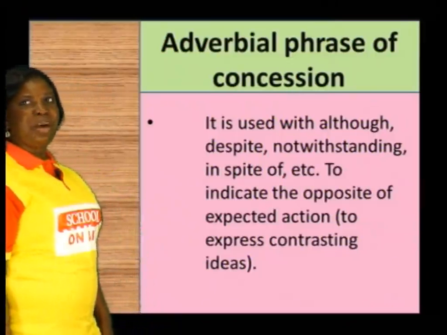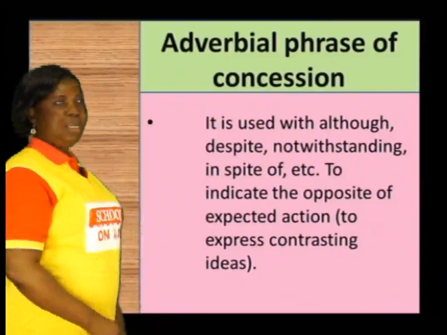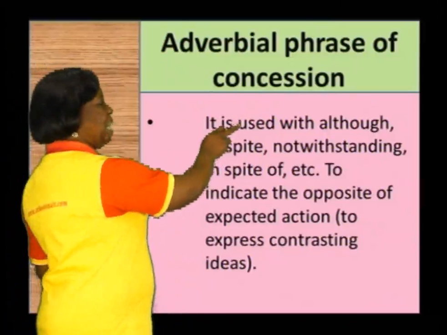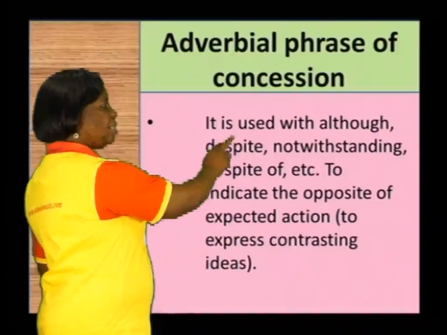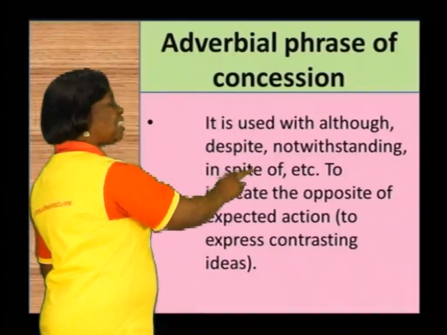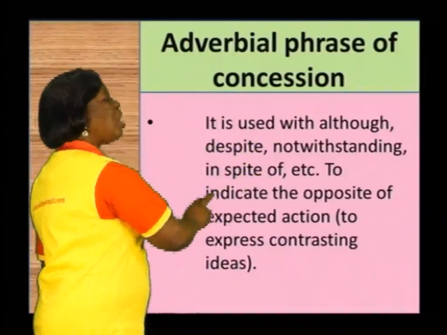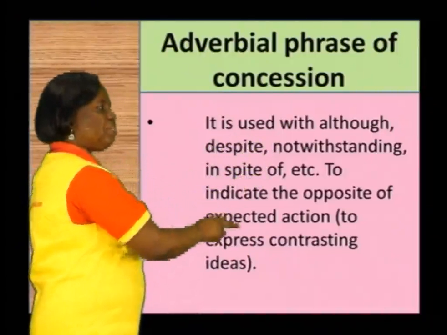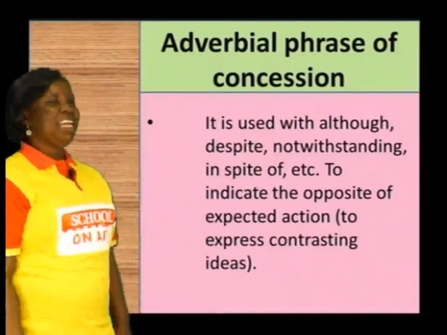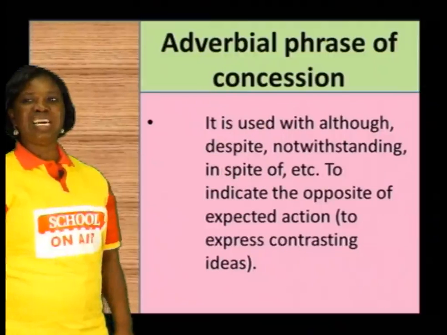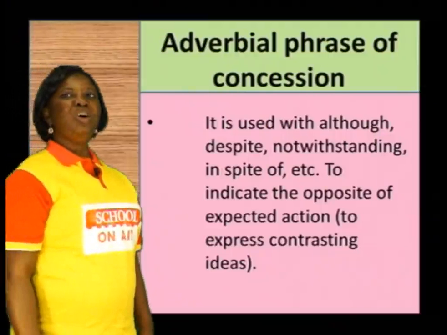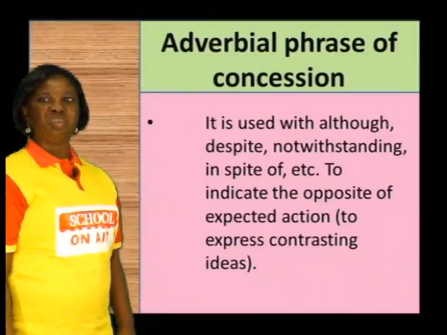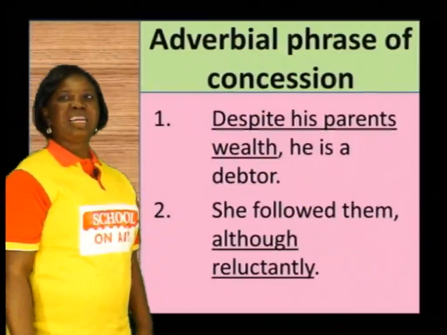This is the last one, adverbial phrase of concession. This one is used with although, despite, notwithstanding, in spite of, etc., to indicate the opposite of expected action. That is to express contrasting ideas. We use adverbial phrase of concession to express two contrasting ideas.